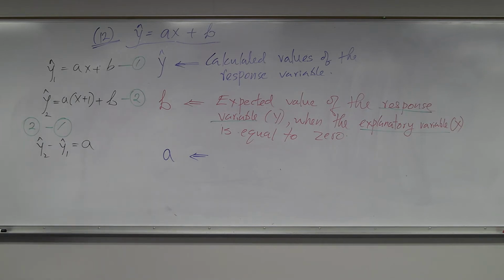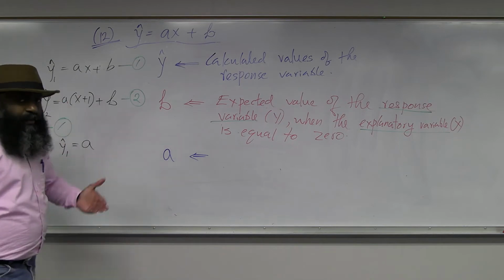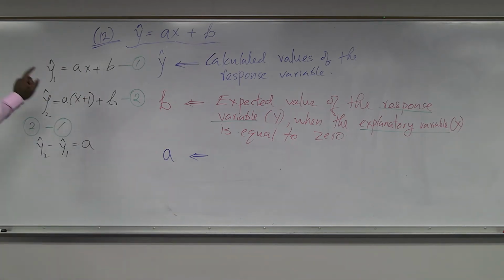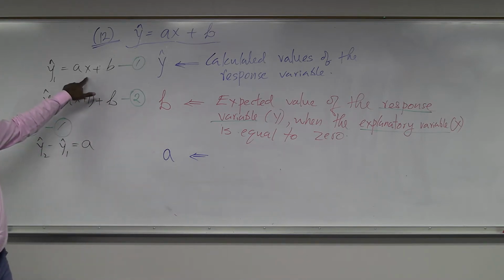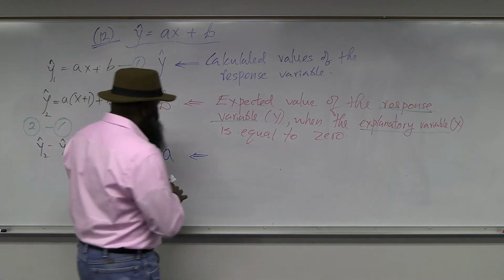We don't say slope, we don't say rise over run. Instead we will say the expected change of the response variable if the explanatory variable is increased by 1 unit. Okay? So that's how we will interpret.